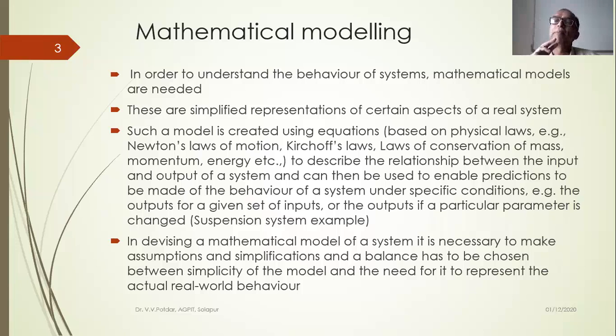And I'll solve that equation for different values of K and B, damping factor, and I'll see how much will be the motion transmitted. I'll keep on repeating these different values iteratively.